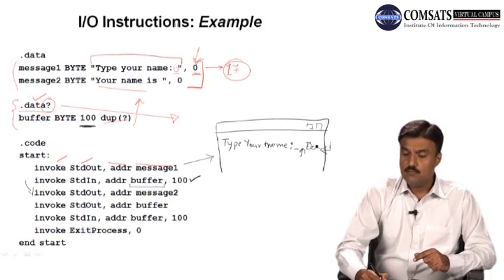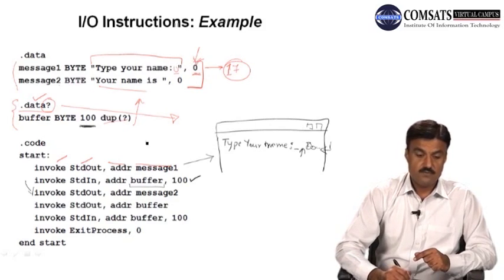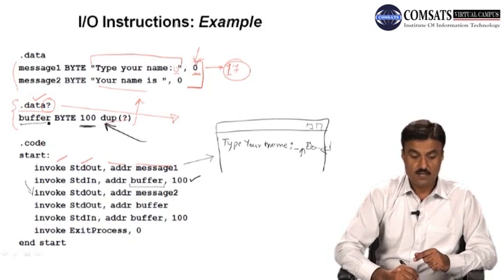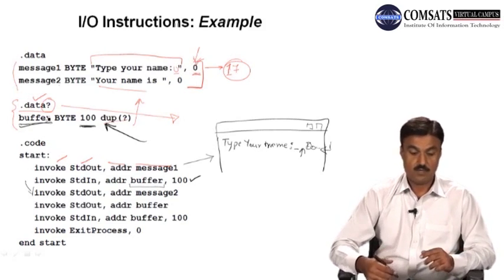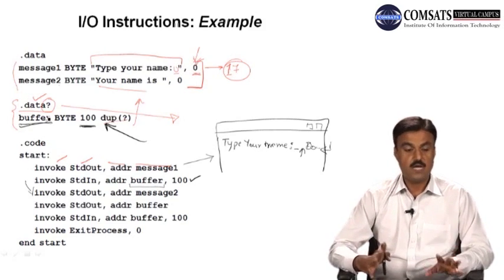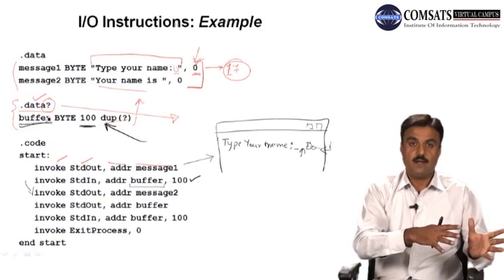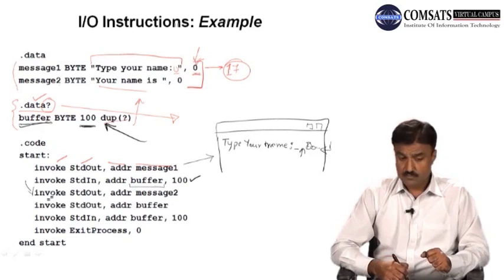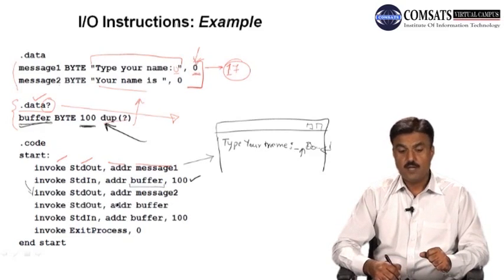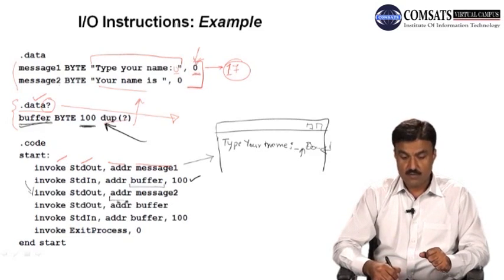Now whatever you type will be stored inside the buffer area, this name buffer. You can assign any name for this area, but whatever you type will be stored in the area reserved by the name buffer. Now we invoke stdout and we are going to print message 2.